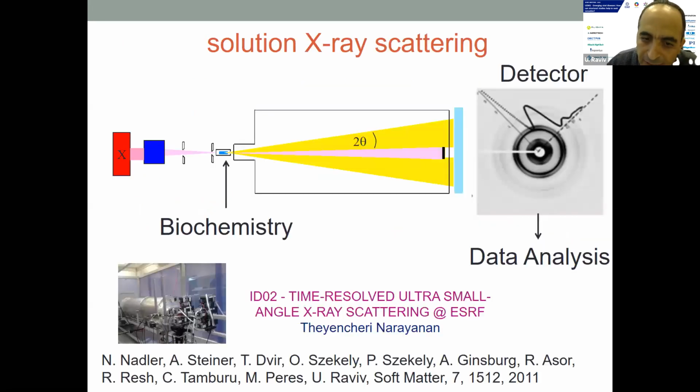So we use solution X-ray scattering, where we focus the X-ray beam, as you probably know in this audience. You scatter from the virus in solution, and there is a two-dimensional area detector where scattering intensity as a function of scattering vector or scattering angle is generated after integration. And here the analysis is really the part that is challenging.